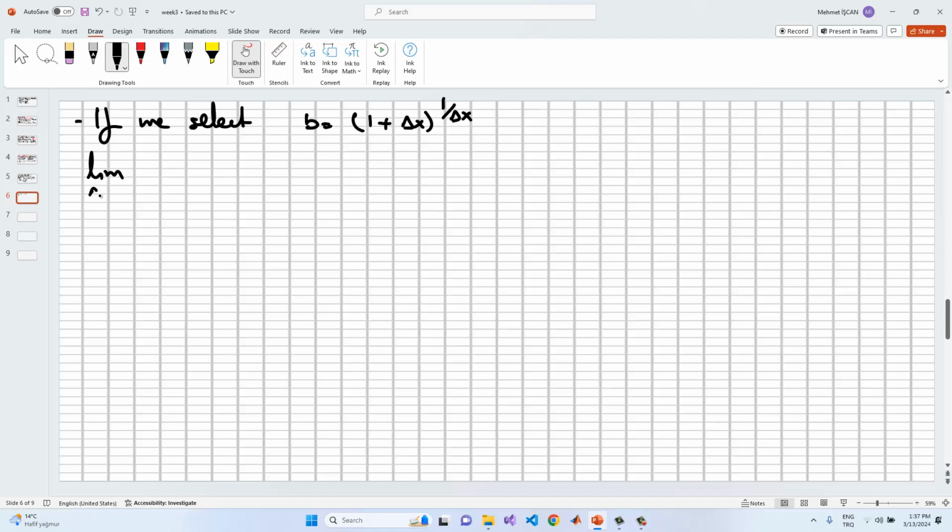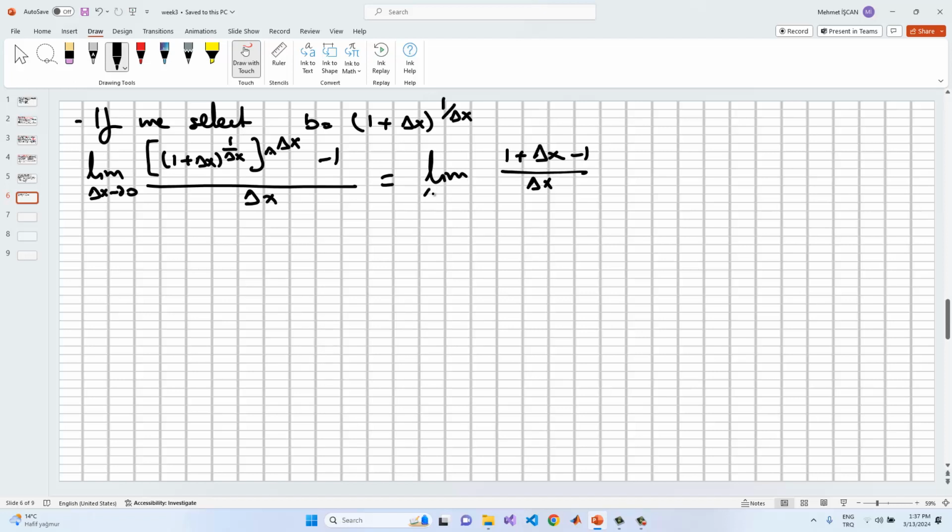This limit, as delta x goes to 0, I'm writing in here (1 plus delta x) to the 1 over delta x, times delta x, but the exponent, this is the exponent term in here, minus 1 divided by delta x is equal to the what? The limit of (1 plus delta x) minus 1 over delta x as delta x goes to 0 produces the 1, right? If we select the b just like this one, we can obtain the 1. Okay, this is simple math.